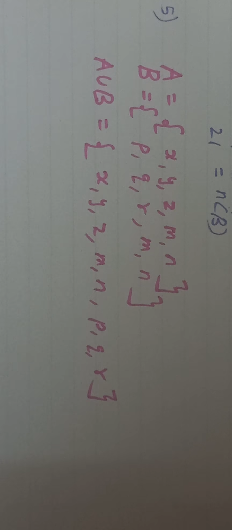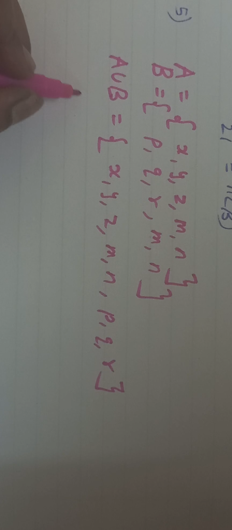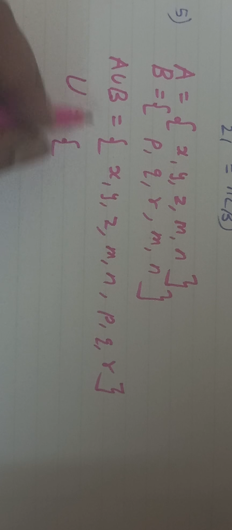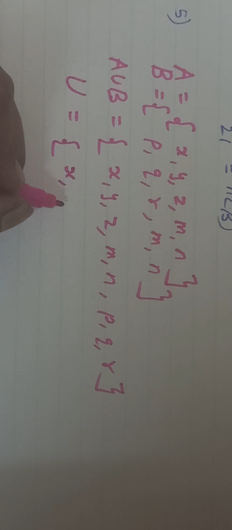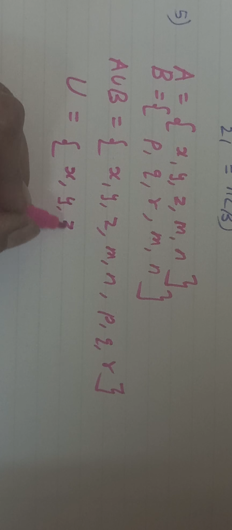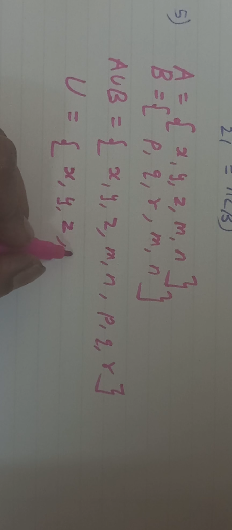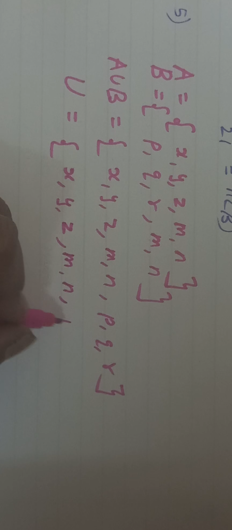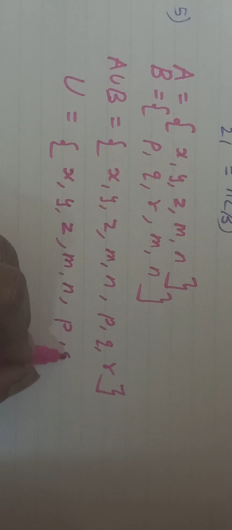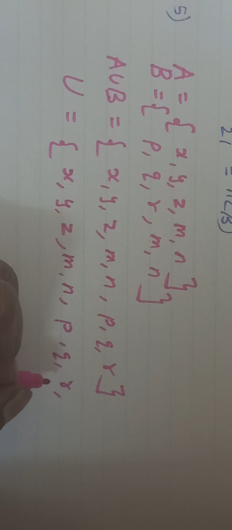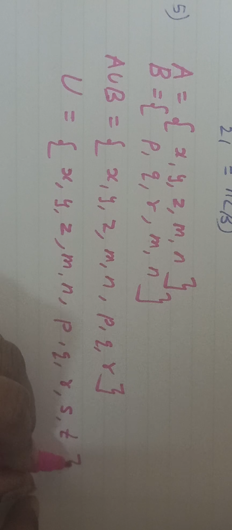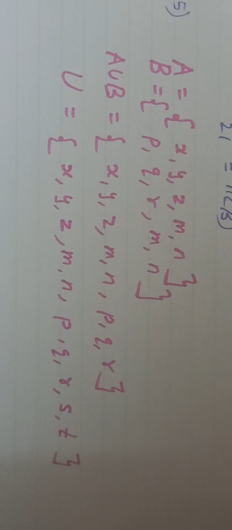We will write universal set U is equal to X, Y, Z, M, N, P, Q, R, S, T. This we have written for U.